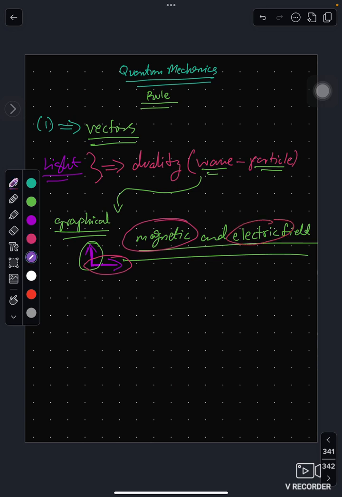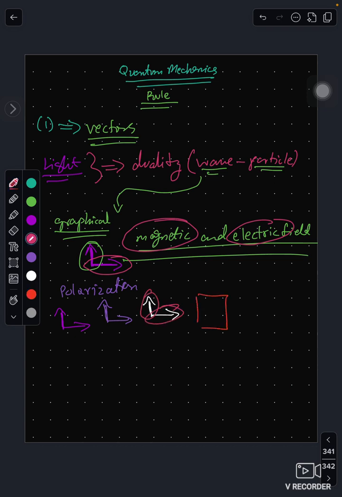So what we say is that we could polarize them. By polarize, I mean we could take this light, which is moving in both directions towards the right, let's suppose, and add a polarizer, a sheet of paper, which would block either one of the directions, either vertical or horizontal.